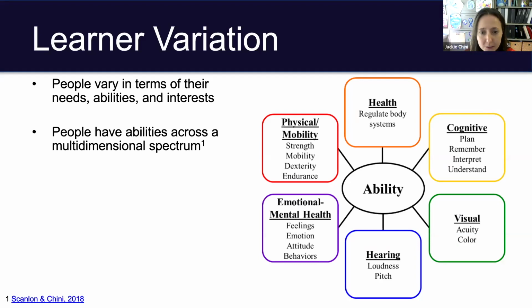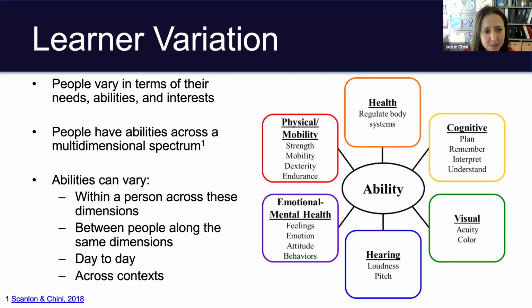They include physical mobility, such as strength, mobility, dexterity, and endurance; health, which is our ability to regulate body systems; cognitive, which is tasks like planning, remembering, interpreting, and understanding; visual, including aspects such as acuity and color; hearing, including aspects like loudness and pitch; and emotional mental health, including things like feelings, emotion, attitudes, and beliefs. So we envision these 6 dimensions as different types of abilities that individuals have.